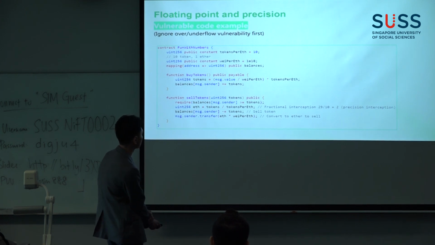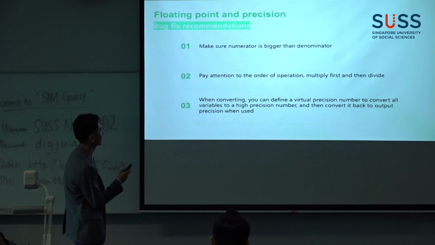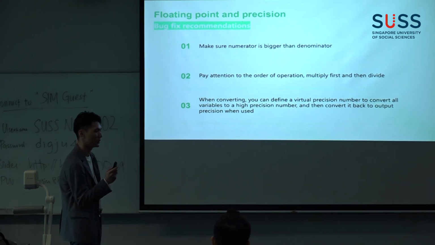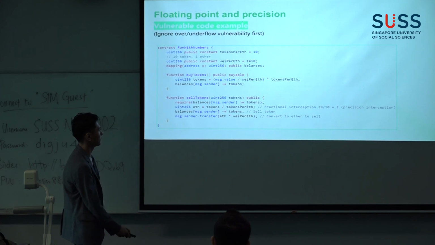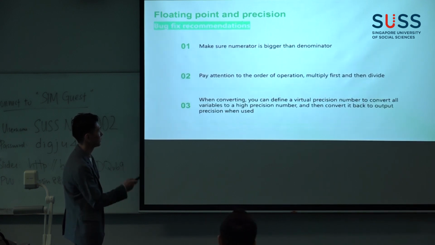To fix this, we can have a virtual precision number, for example another int128 or 256 to represent precision, or we can make it less damaging by putting the multiply operation first before division.